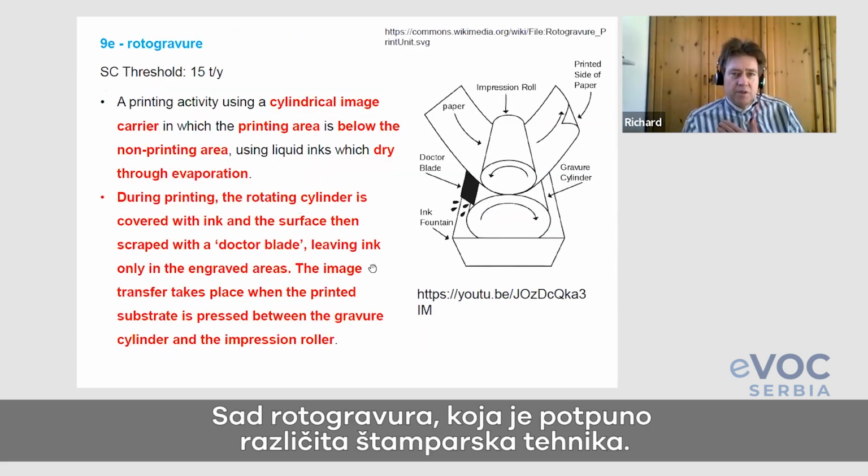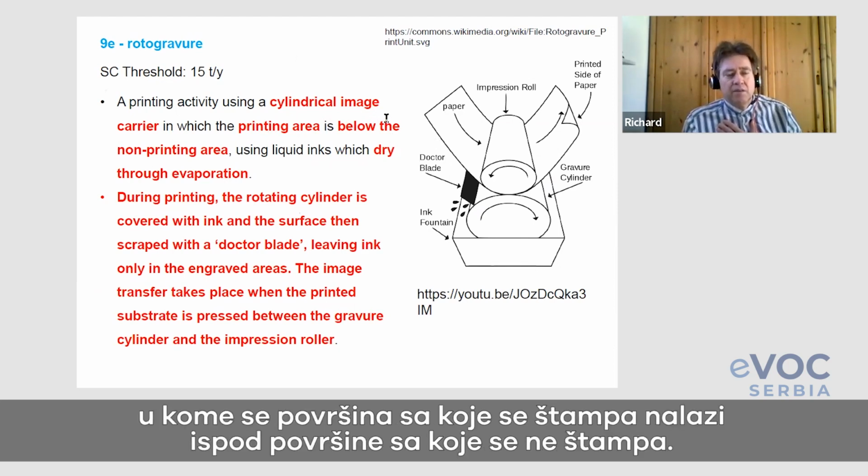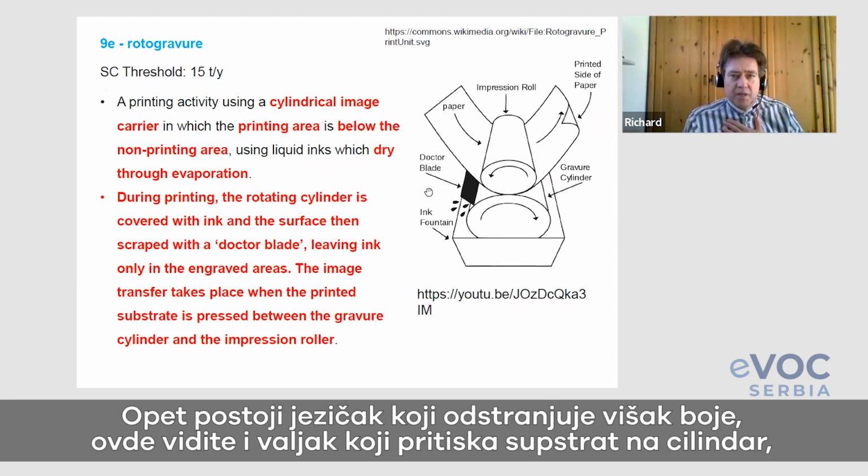Now, rotogravure, it's a different printing technique. So you have a cylindrical image carrier, and the printing area is below the non-printing area. And yes, you have here the doctor blade that takes away the excess ink too.